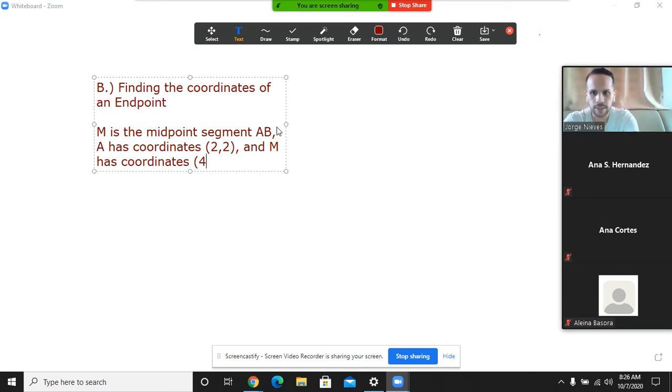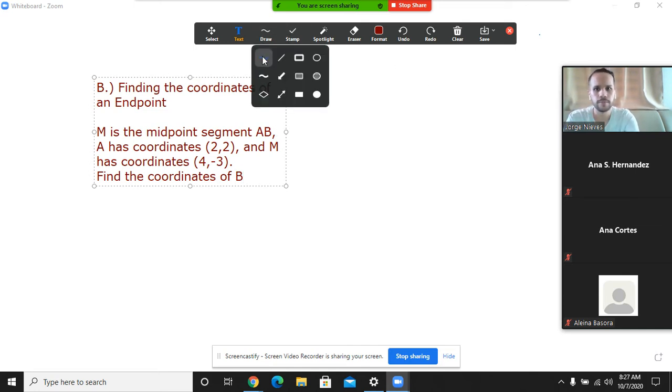Okay, M has coordinates of 4 and -3. Okay, so the question that we have to answer is the following: find the coordinates of B.